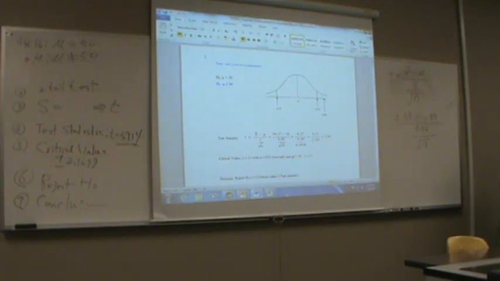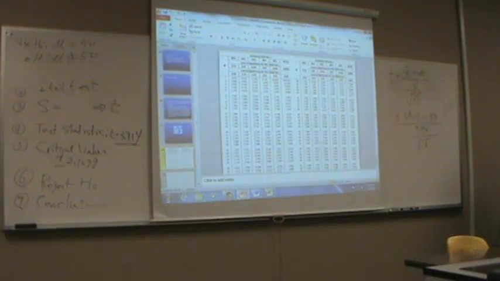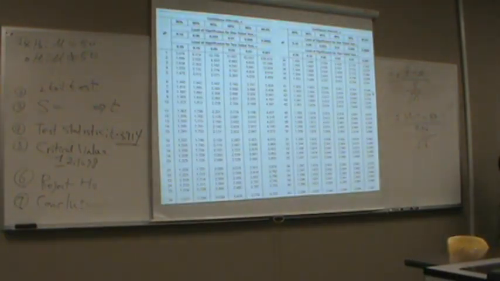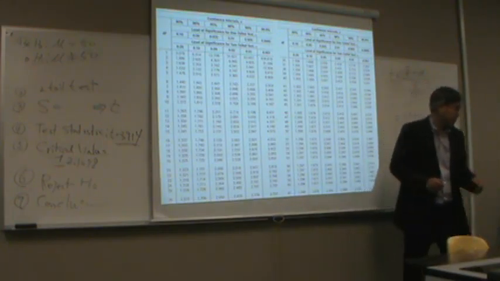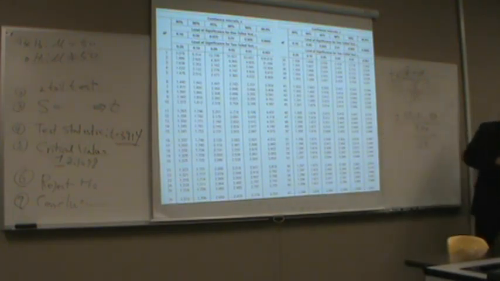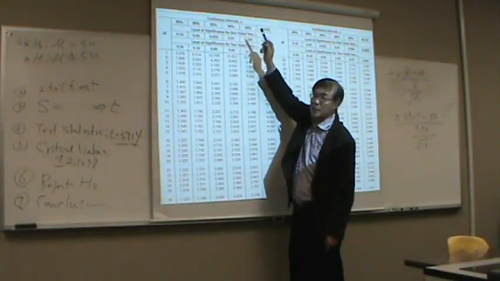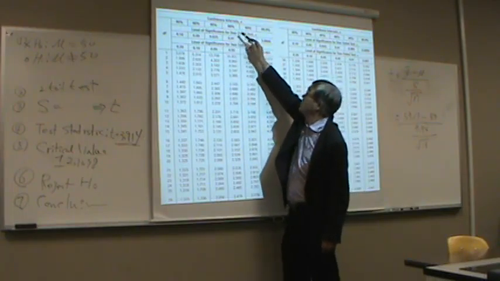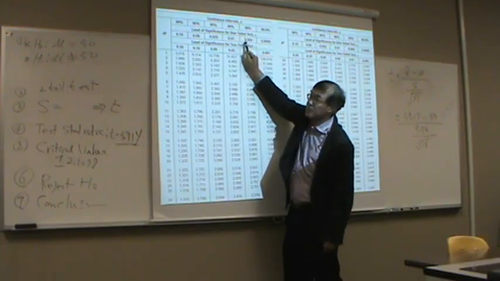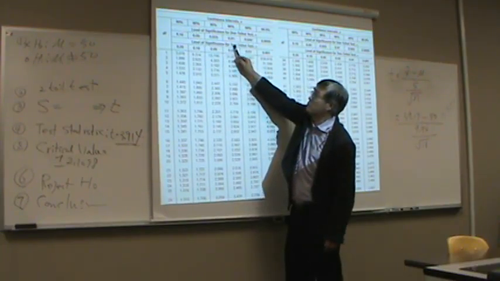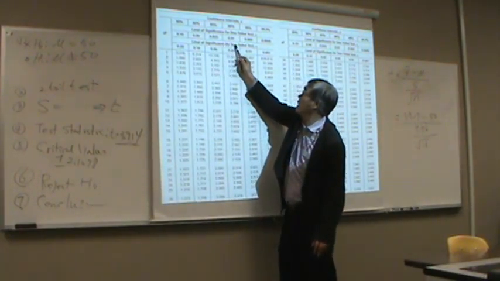Okay, now find the critical value from the table. On the top, T distribution table: confidence interval, level of significance for one tail, level of significance for two tails. It's a two-tail test, right?